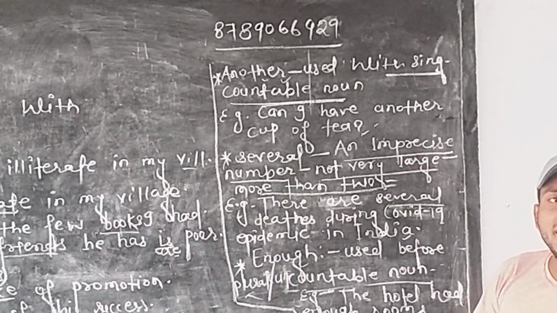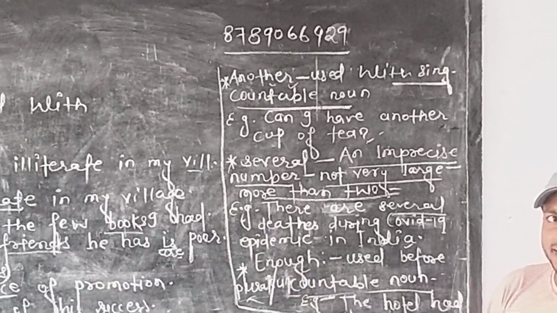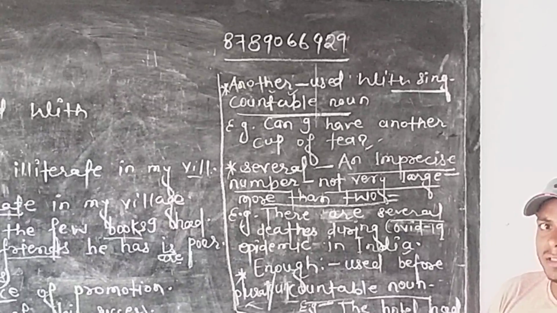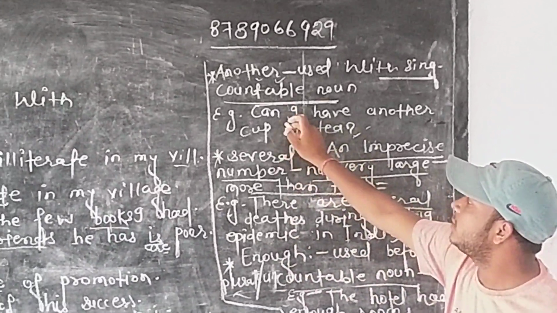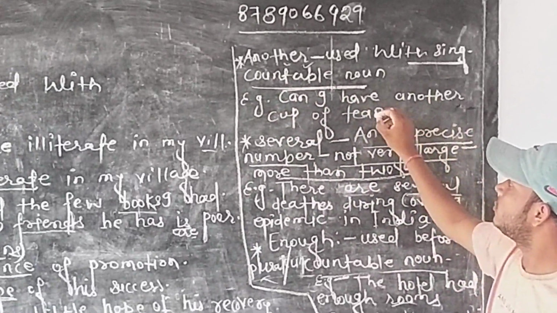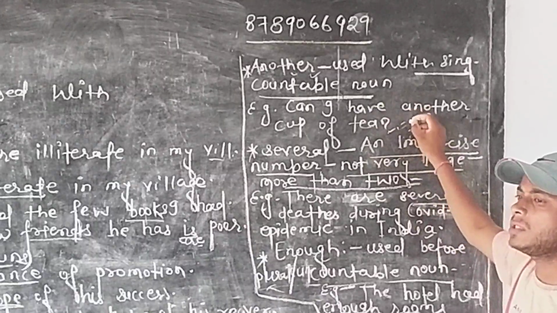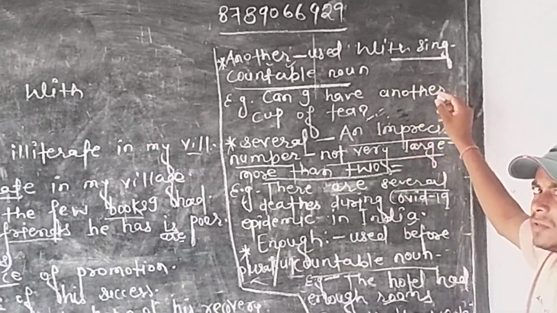It is used to denote an additional person or thing at the same time. Here I have written an example: can I have another cup of tea? So actually, another cup of tea is an additional thing at the same time that he wants.